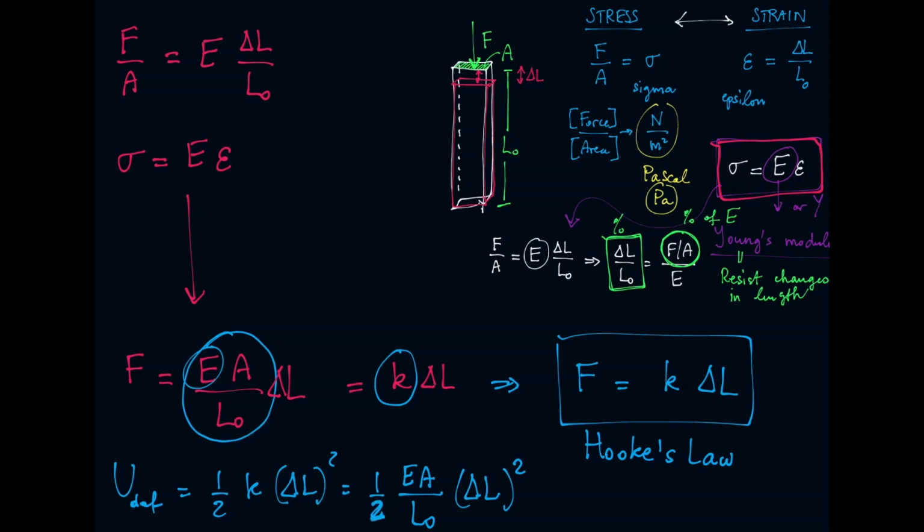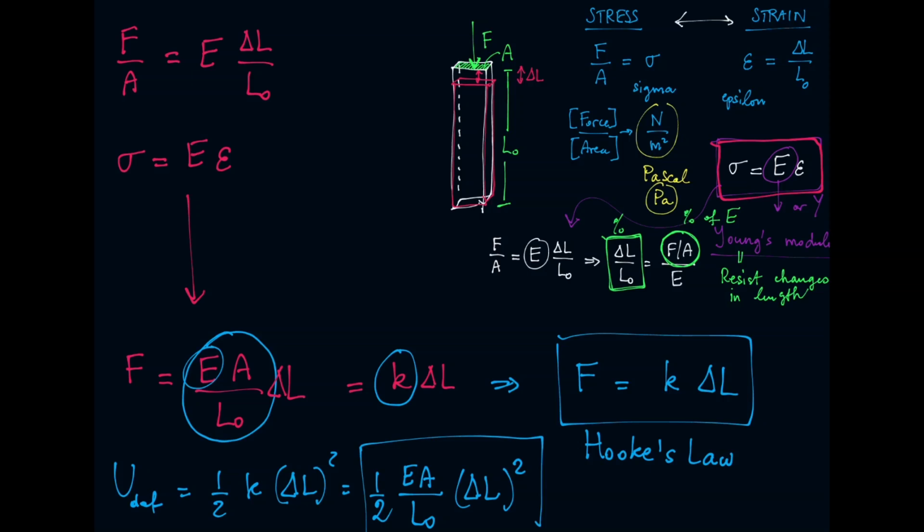So if you ever wonder, when compressing a piece of material by a certain delta L, how much energy can I utilize to do some work, or to exchange energy in a different way, this is the value of energy that you have available. And we can use all the language of energy conservation, the work-energy theorem, and all of that stuff.